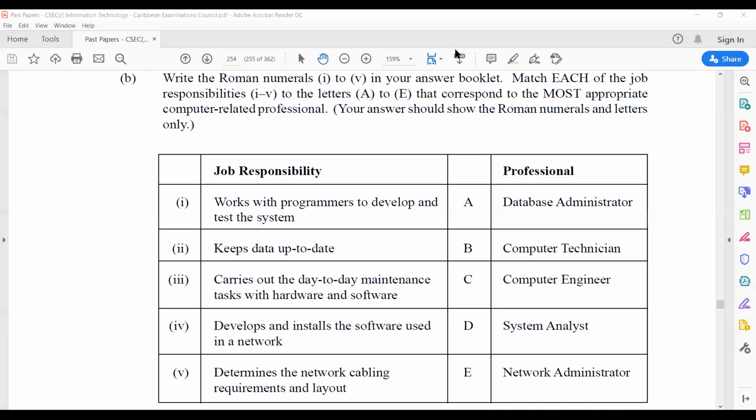All right, so you all see the question there.